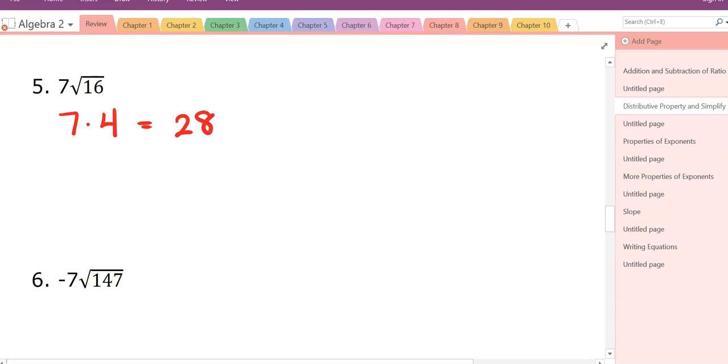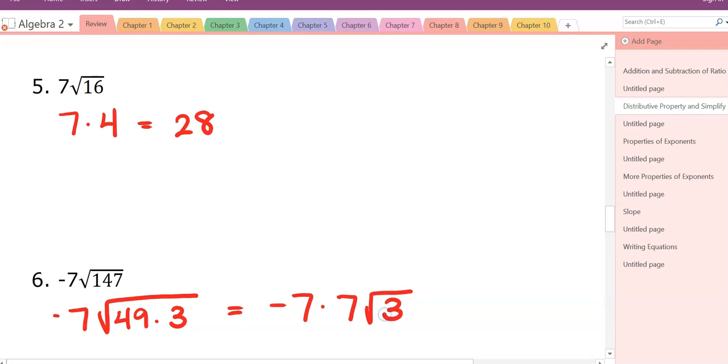For number 6, we have negative 7. 49 times 3 is how we can rewrite that 147. And so the square root of 49 is going to be 7. And then that radical 3 has to stay. So this final answer is going to be negative 49 times the square root of 3.